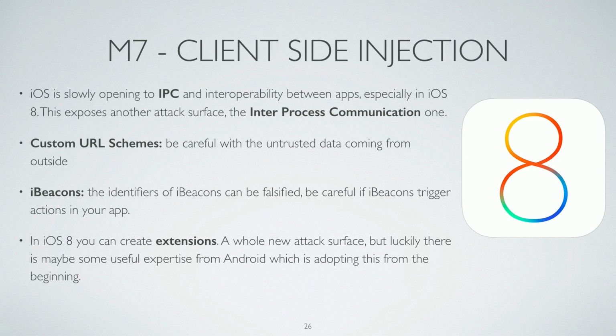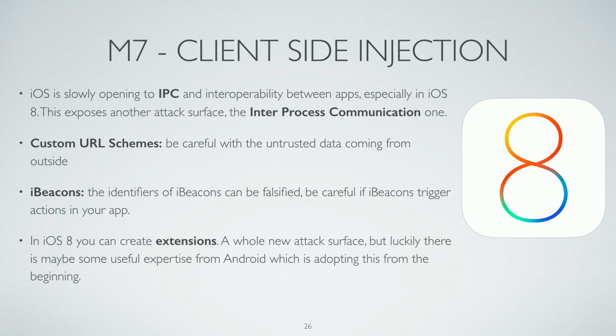So what we must be careful with are custom URL schemes, because our app can be invoked with a custom URL if we declare it. So those are untrusted data, and an attacker can potentially inject malformed data with those custom URLs and trigger eventual vulnerabilities.